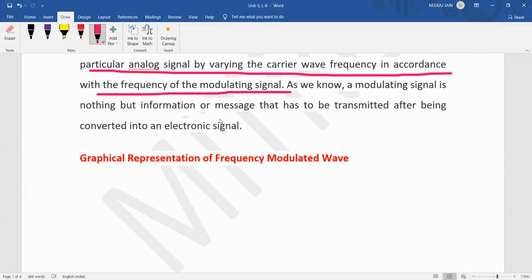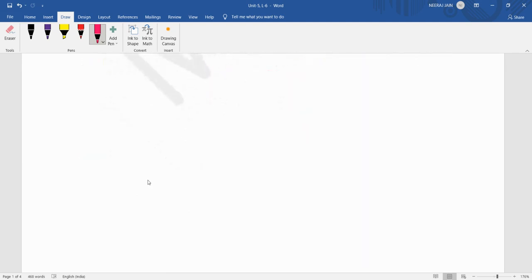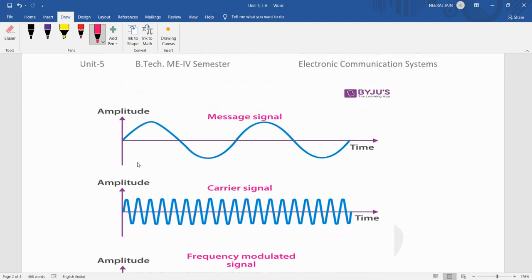Now, if we see the graphical representation of the frequency modulated signal, this is the original signal, or we can say message signal, or it is also called the modulating signal. That is the modulating signal, and that is the carrier signal.